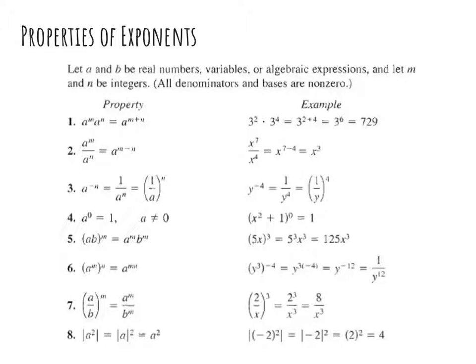Similarly, when we divide like bases, we will subtract the exponents. So x to the 7th power divided by x to the 4th power will be x to the 7 minus 4th power, which is x to the 3rd power.